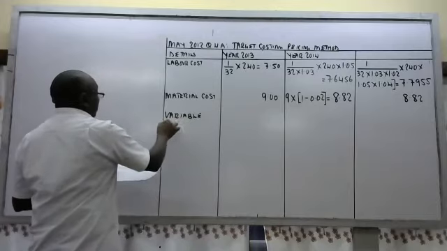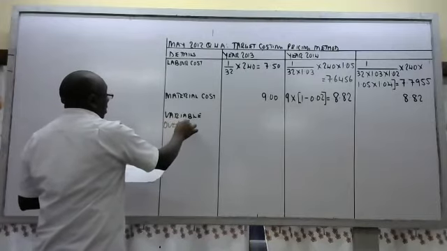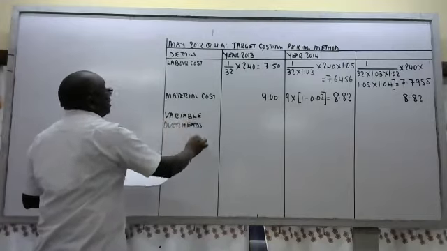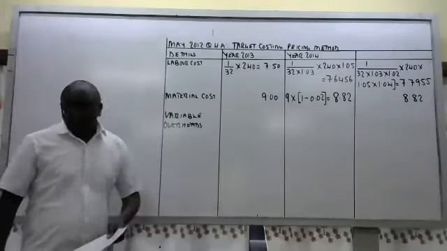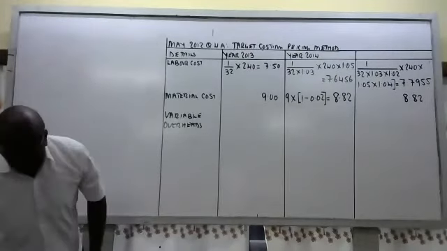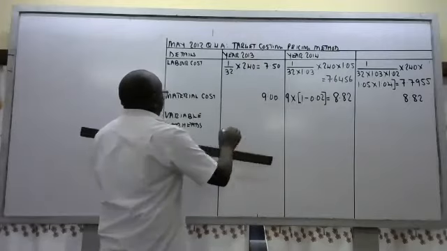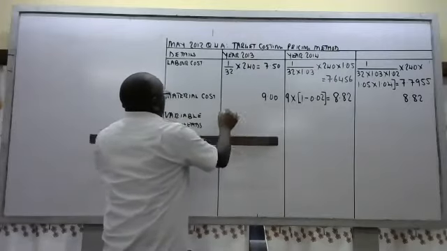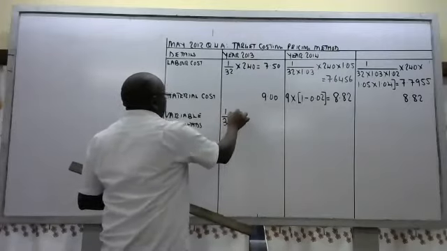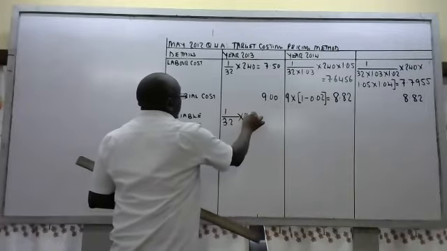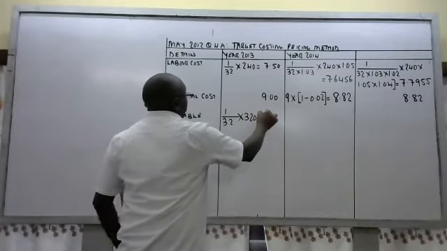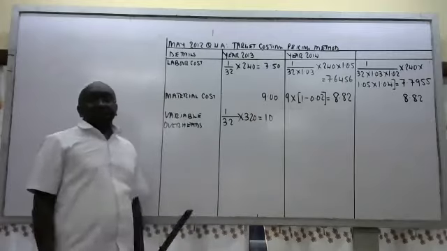Now variable overheads, because they are based on per hour, it will also be a case of 1 out of that 2 times 320. So I think this is clear, it is 10.